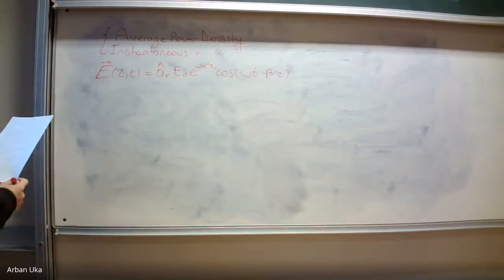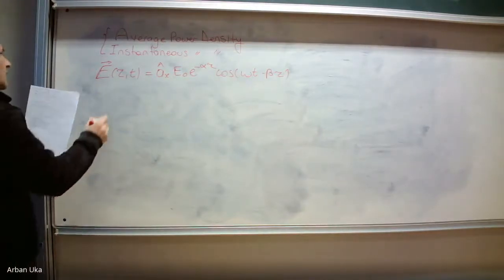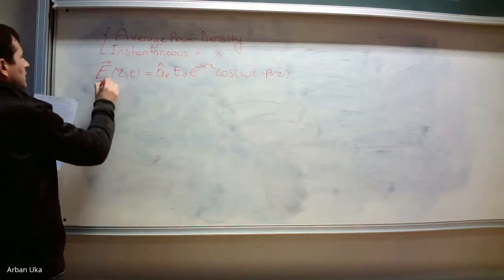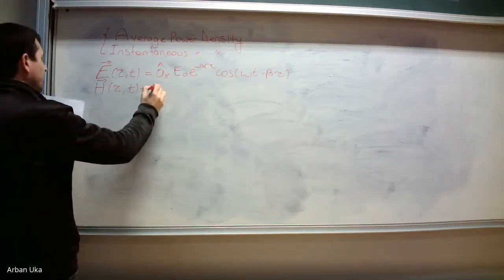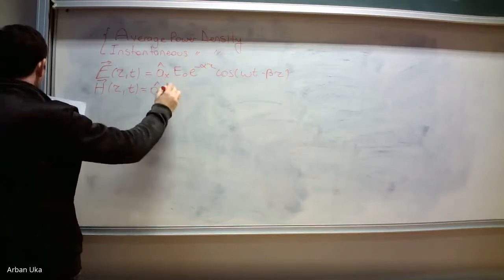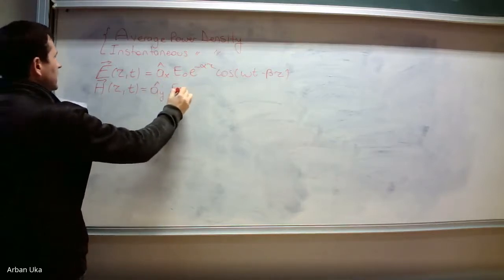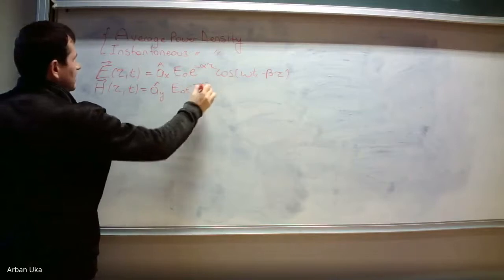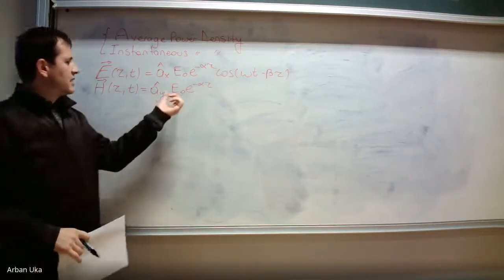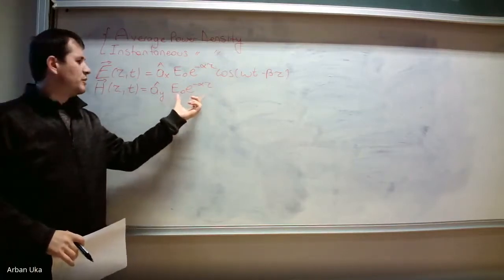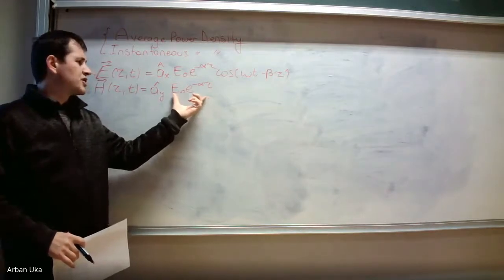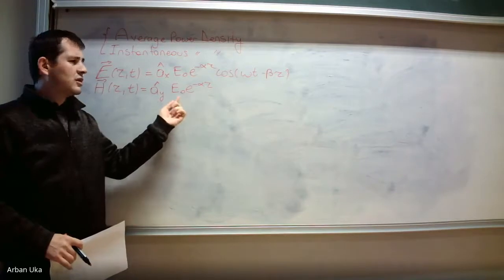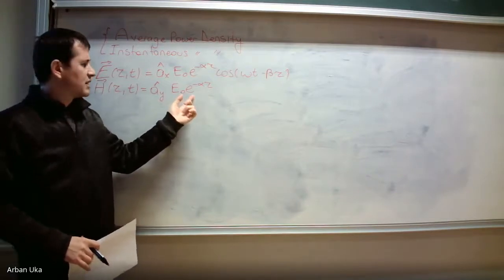The instantaneous expression for H would be equal to a_y times the magnitude of the electric field. Let's not forget, this is the initial magnitude, but it will be modified with an exponentially decreasing term along a medium which has some non-zero conductivity.